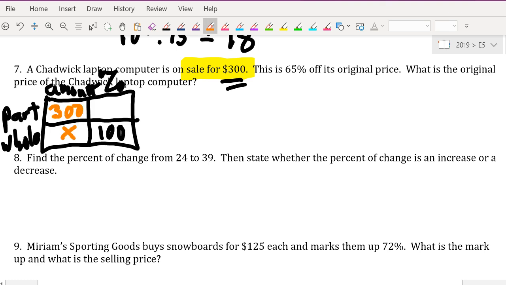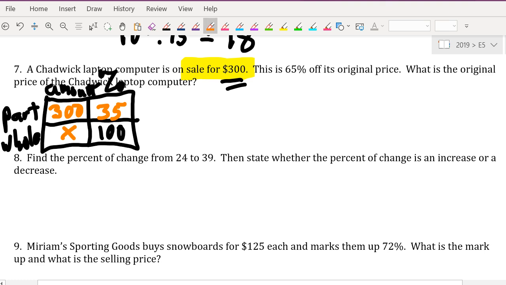Now, what percentage is 300 out of X? It's not 65%. It's 35%. So this is one of those problems where you cannot use 65, because if you use 65, you will get the wrong answer. Okay, 300 is not 65%. It's 65% off, which means 100% minus 65%, 35%.